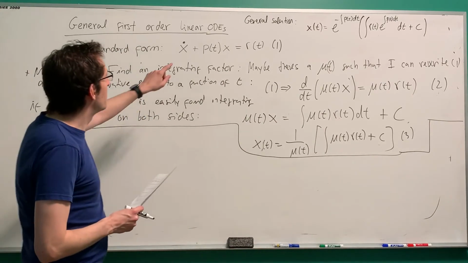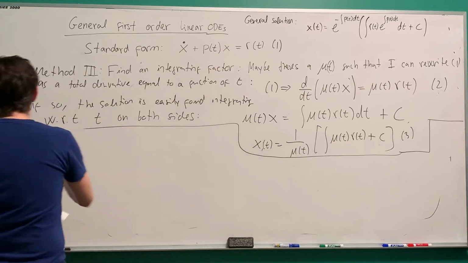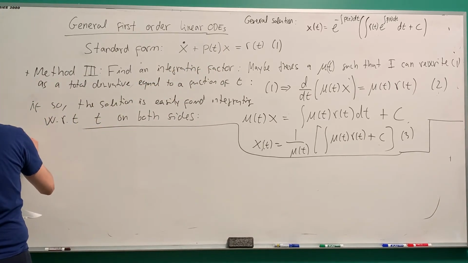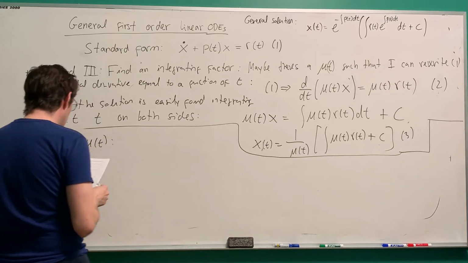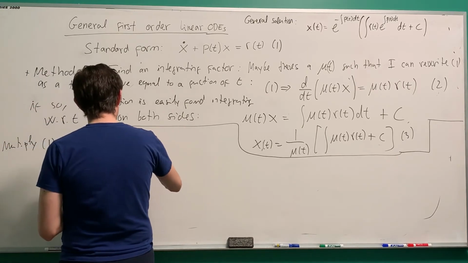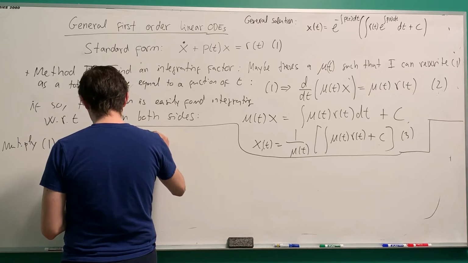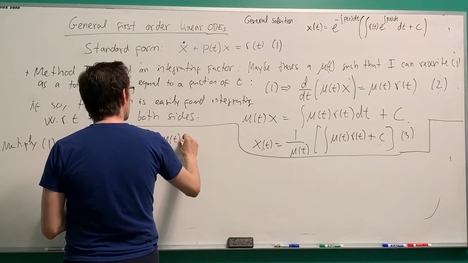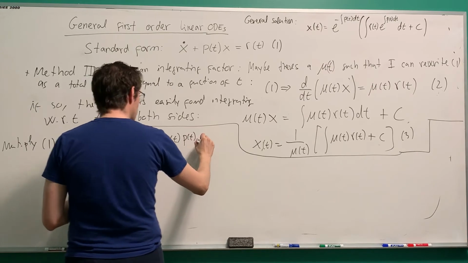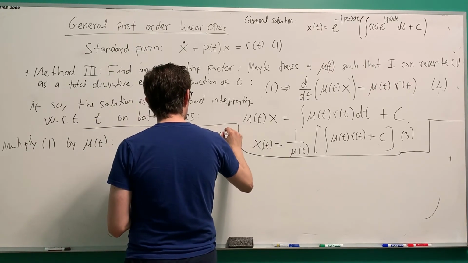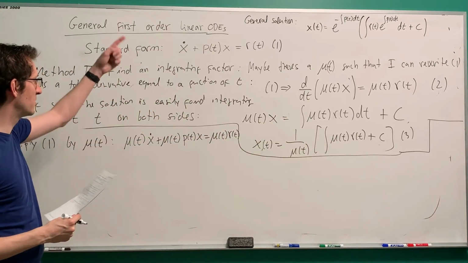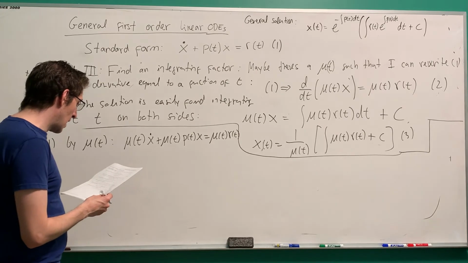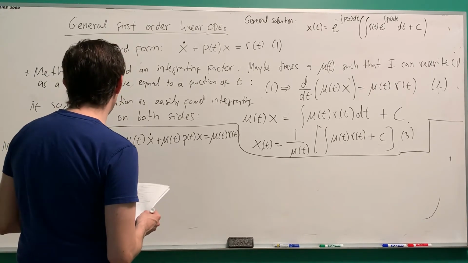Let's multiply both sides of equation 1 by mu of t. If we do that, we get mu of t times x dot plus mu of t times p of t times x equals mu of t r of t. That's what we get if we multiply equation 1 by mu on both sides. Now, let's make the following observations.